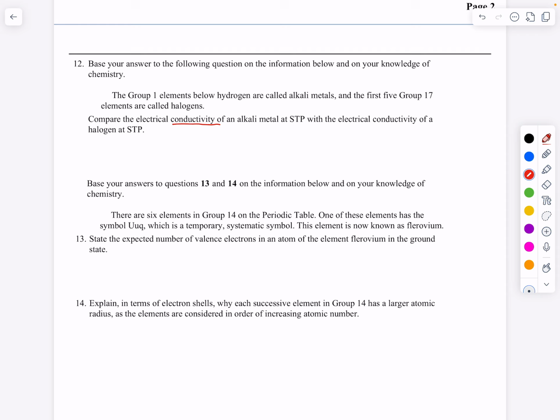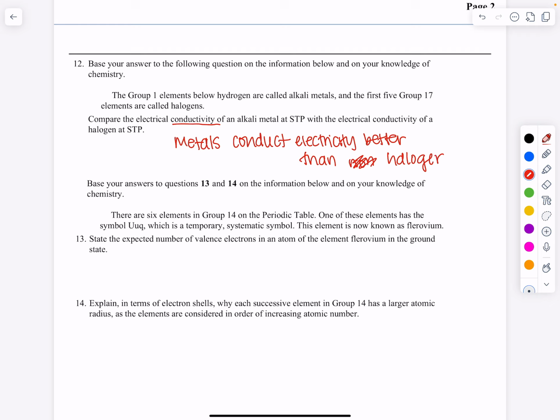So comparing them, metals conduct electricity better than non-metals or halogens. Metals conduct electricity better than a halogen.